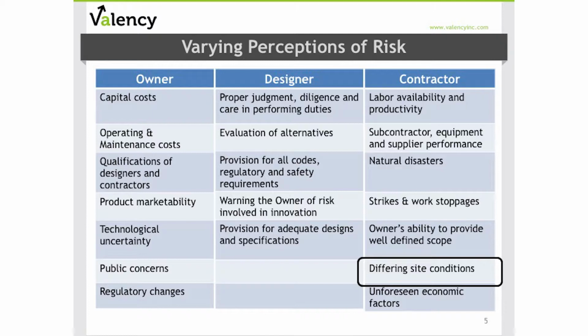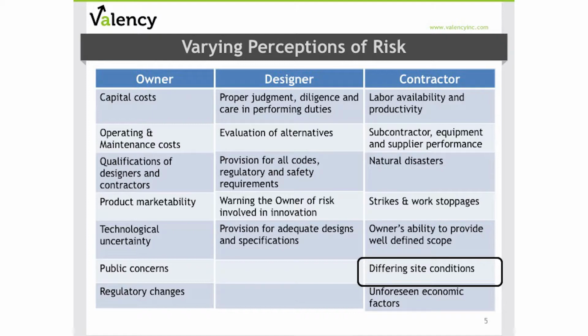And what may be a risk for an owner may not be a risk for a contractor. So if you're an owner, the primary risks that we normally are concerned with include certainty of your capital, your operating, and your maintenance costs. Do you have proper qualifications of your designers and contractors? You may have some technological uncertainty that's top of your list.